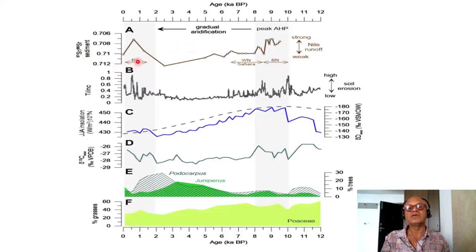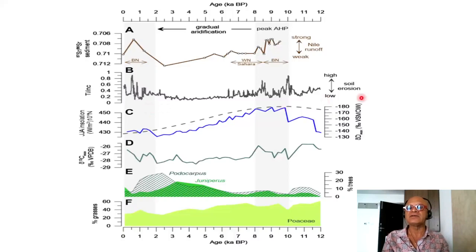So look at the Blue Nile, White Nile, Sahara, and gradual, so coming out of the glaciation peak of the African humid period that we talked about, where Nile runoff is strong, gradual aridification, and then the Blue Nile gets humidified over this place here. Okay, so that's related to the Ethiopian region that we were looking at.